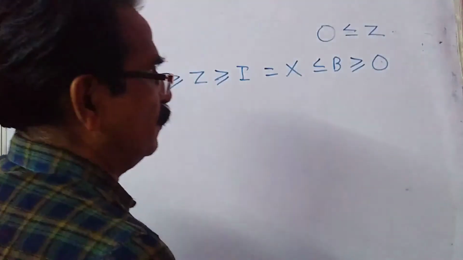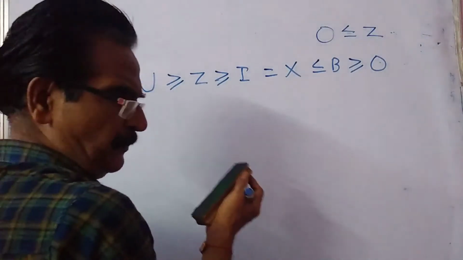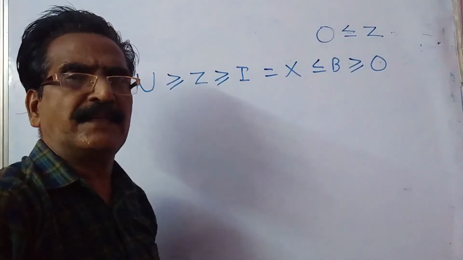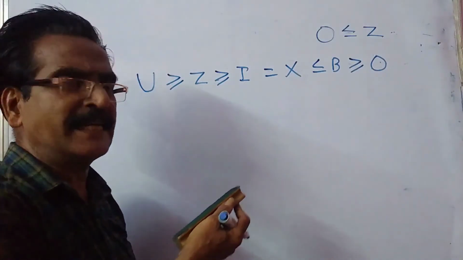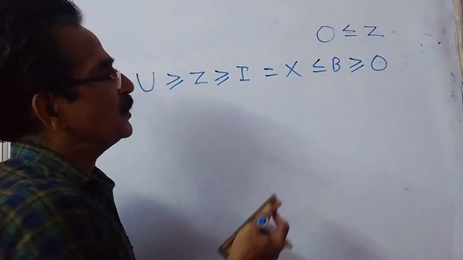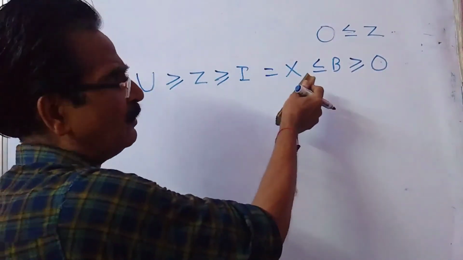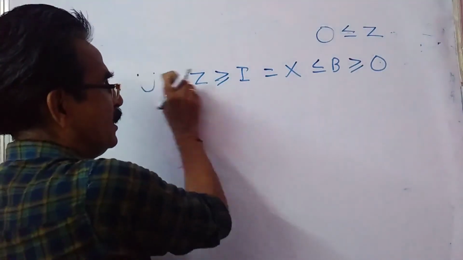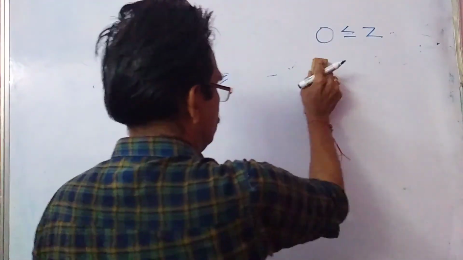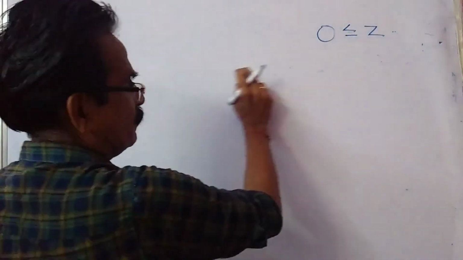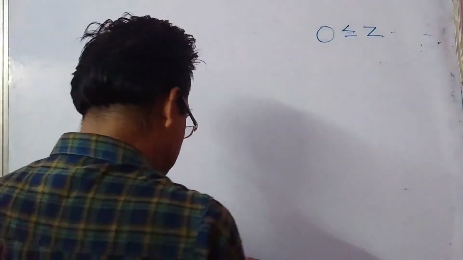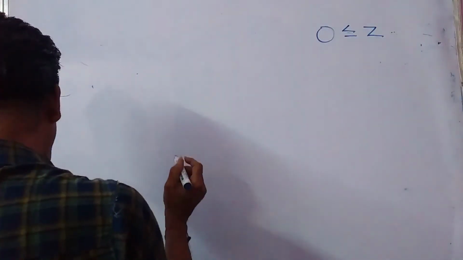So no conclusion. You have to immediately decide, friends. On looking at the options, we have to immediately dismiss this option. So no relation between O and Z because opposite inequalities are there. Then immediately go to the third option. Inequality questions can be answered in just a matter of seconds.